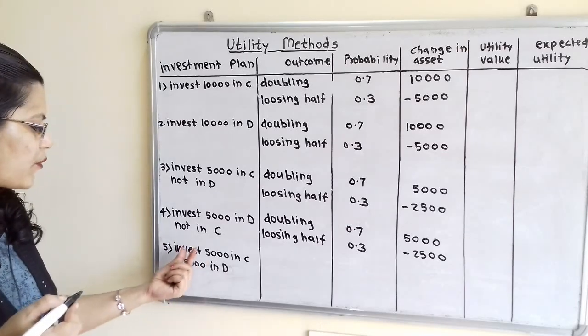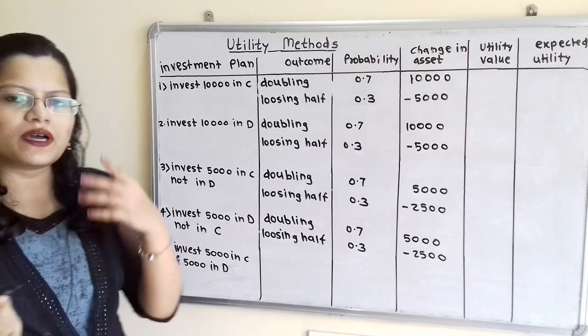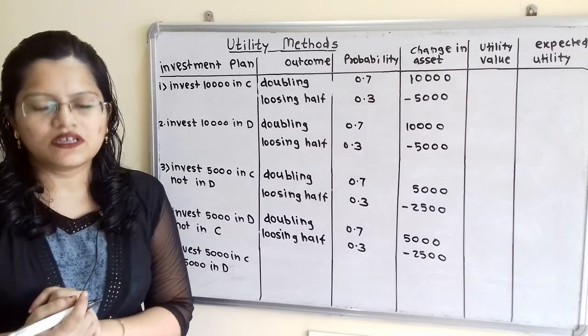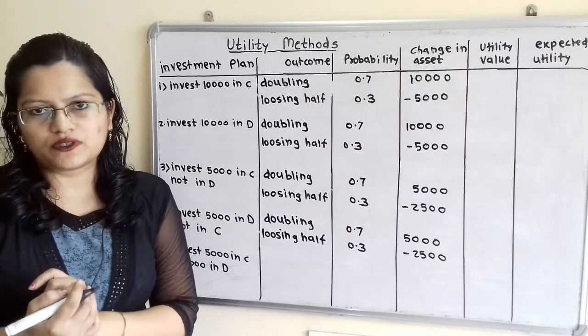Now invest 5,000 in C and 5,000 in D. Here it is important: when we invest 5,000 in both companies, there are a total of 4 possibilities.